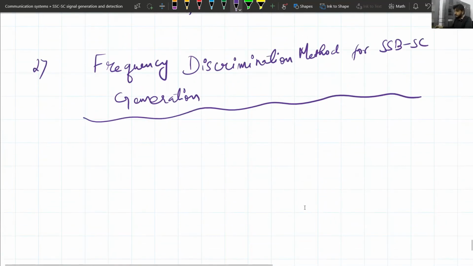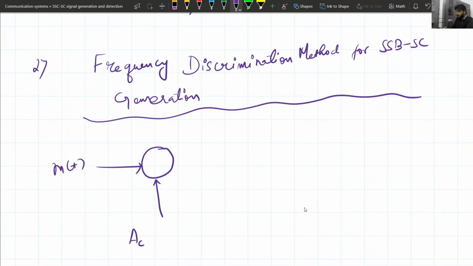What we are doing here, let's understand with the help of block diagram. This is our message signal supplied with the local oscillator or the carrier signal. Call it CT.